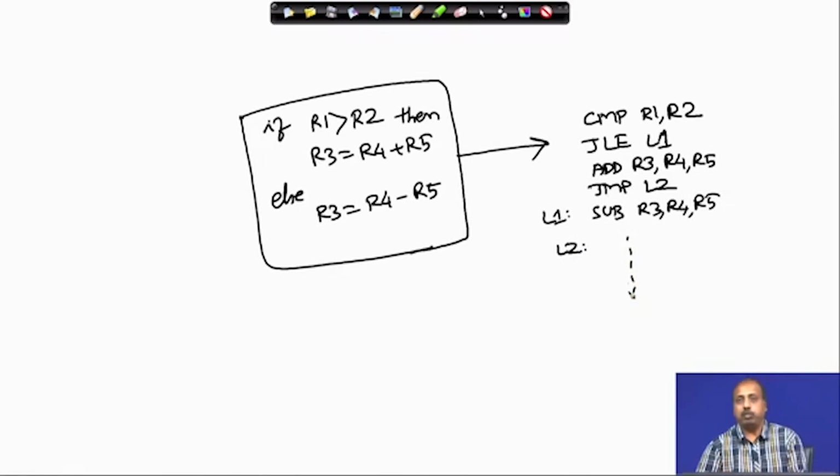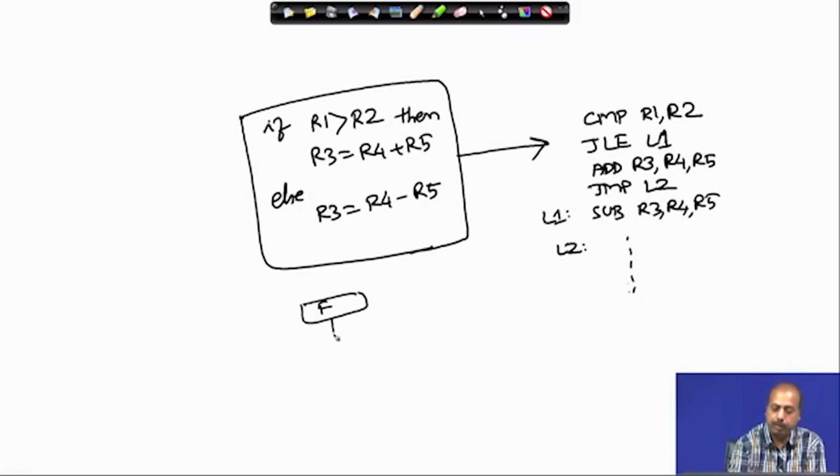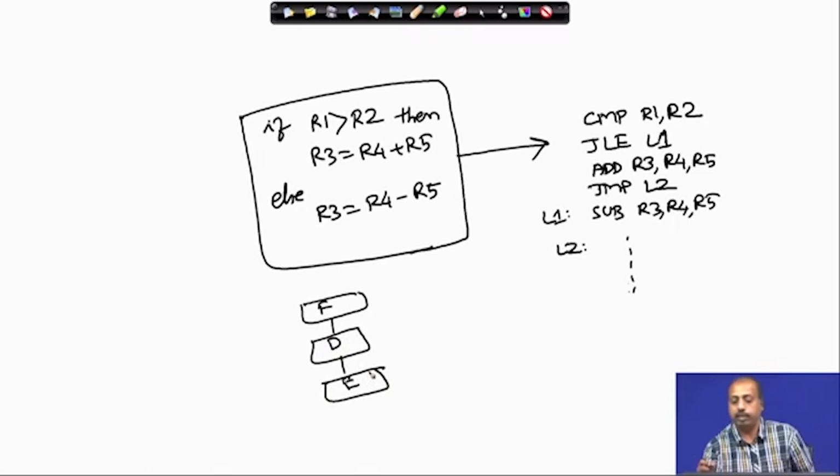Now, you think about executing this code in a pipelined fashion. Even if I have a fetch, decode, execute pipeline, when this instruction is being executed, the next instruction will be fetched.